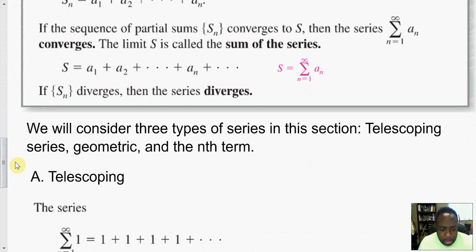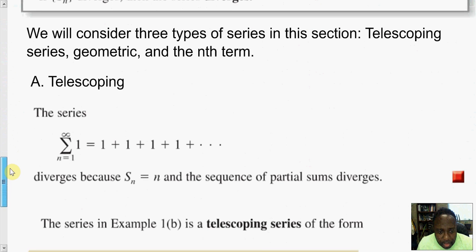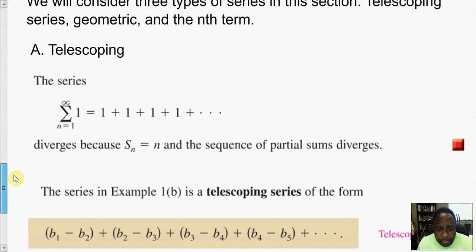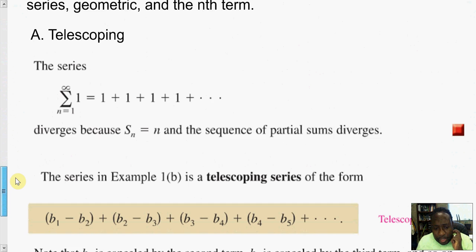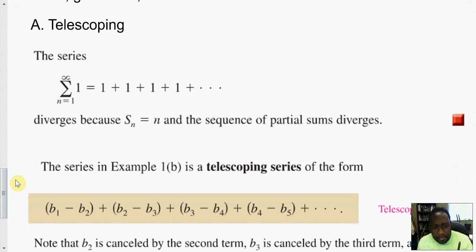There are three items here that we will deal with: telescoping, geometric, and the nth term. First, let's deal with the telescoping series. A telescoping series has the form, if you look at this example here, b sub 1 minus b sub 2 plus b sub 2 minus b sub 3 plus b sub 3 minus b sub 4, and so on, continues on infinitely.